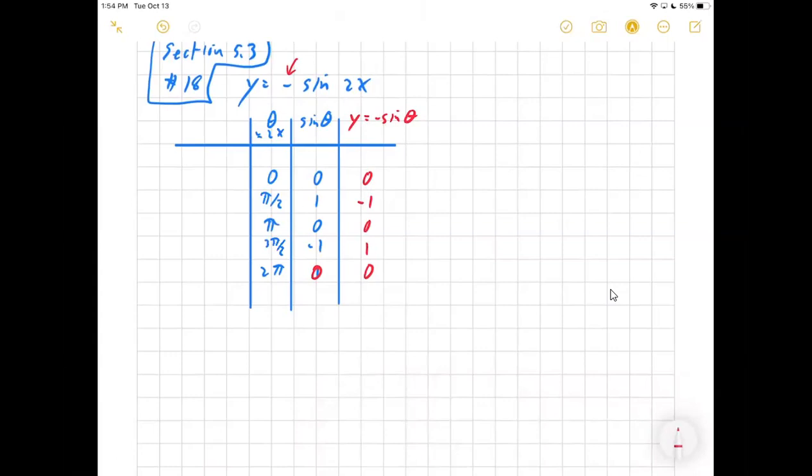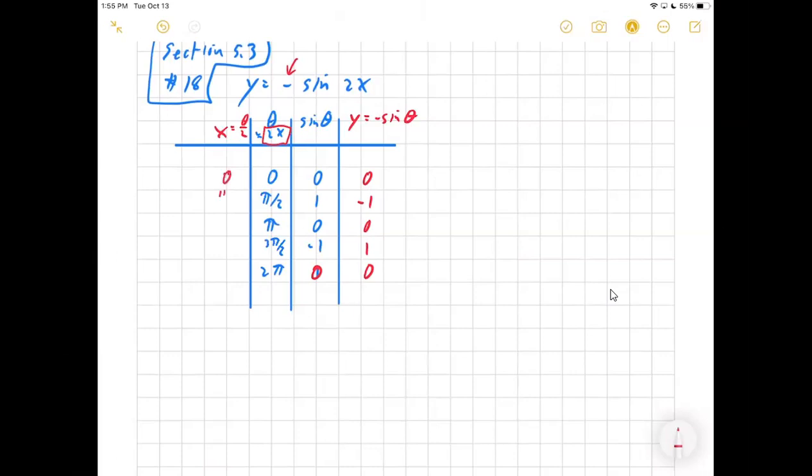All right. Then we have what happens with 2x. If 2x is equal to the values in the column for theta, then we want to figure out what x is. How do we get to x from theta? It's going to be half of the theta value. So if theta equals 2x, x is equal to half of theta. What is half of 0? It's 0.